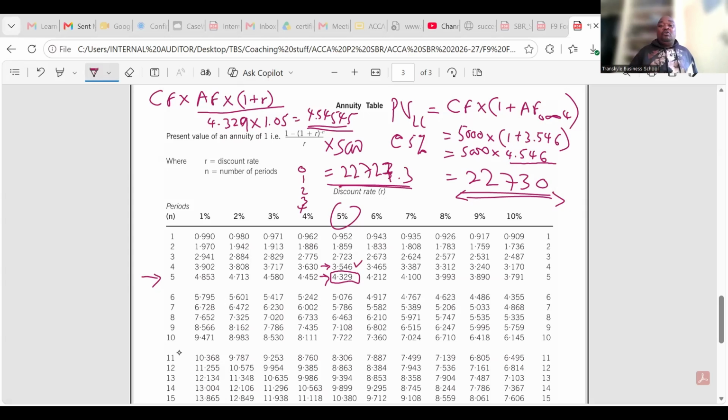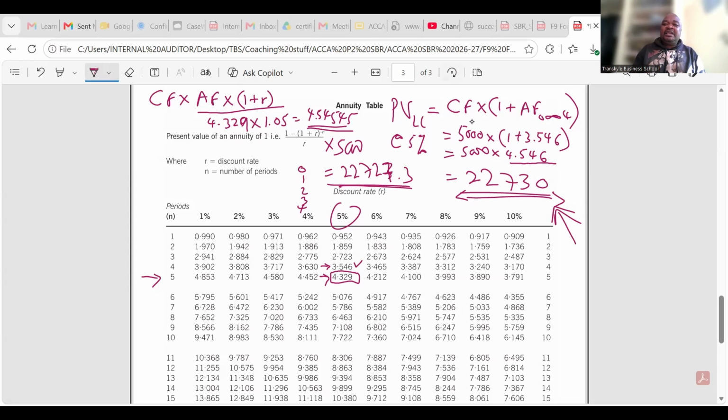All right. So the best way is to use this one, but all the same, you would be somewhere closer. I hope I didn't confuse you guys. It is an annuity due. This is the best way to do it.